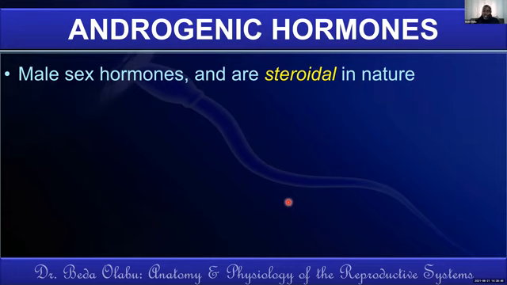I told you that a steroid hormone is a hormone that is made up from cholesterol. So it's a lipid-based hormone. Such hormones tend to have their receptors within the cell, intracellular receptors, as opposed to on the cell membrane, like those of protein hormones.